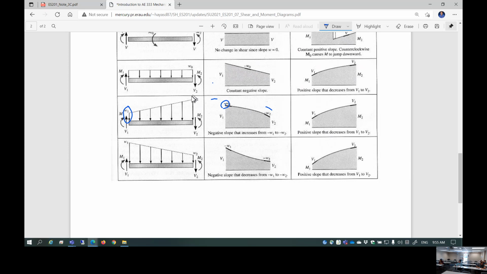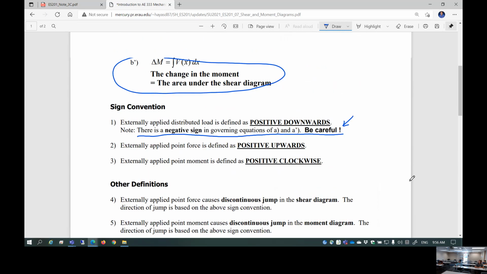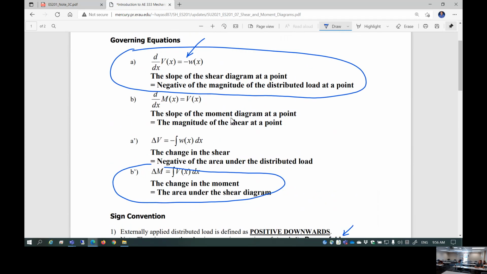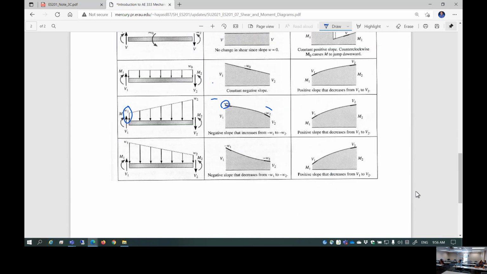This is a steeper slope because W2 is bigger. So the slope of the shear diagram is the negative of the magnitude of distributed loading at that point. How do I know? Because that's what the equation says. Look at that. The slope of the shear diagram at a point is the negative of the magnitude of the distributed loading. Based on that argument, you can say the slope here at the beginning is negative W1. The slope here is negative W2. Of course, negative W2 is a larger value. It's a steeper slope. Okay.